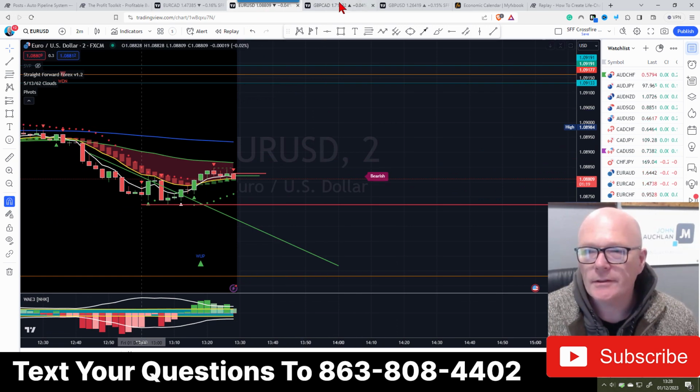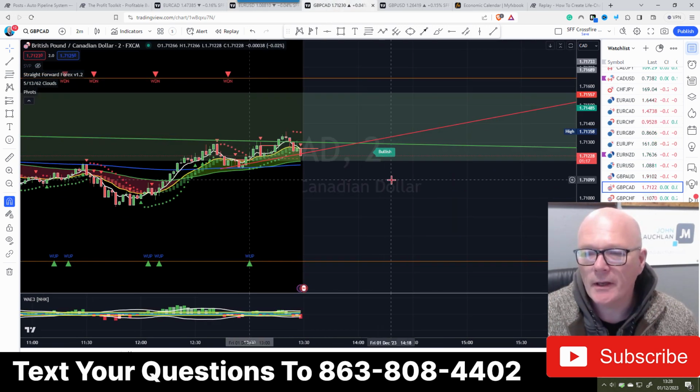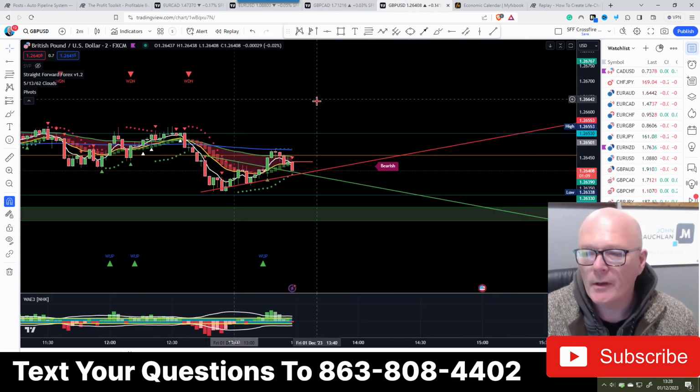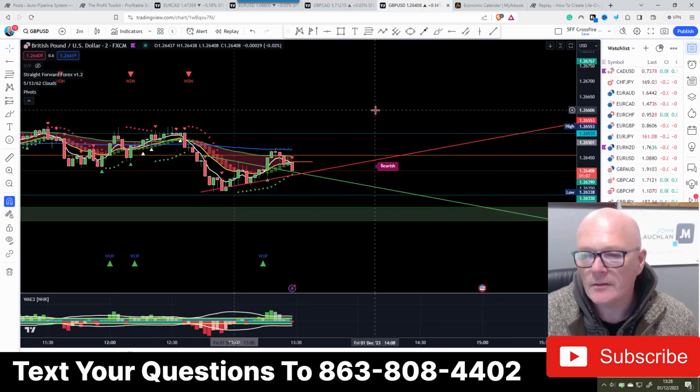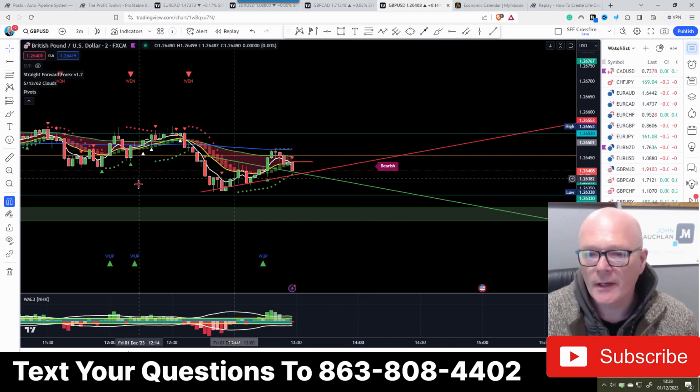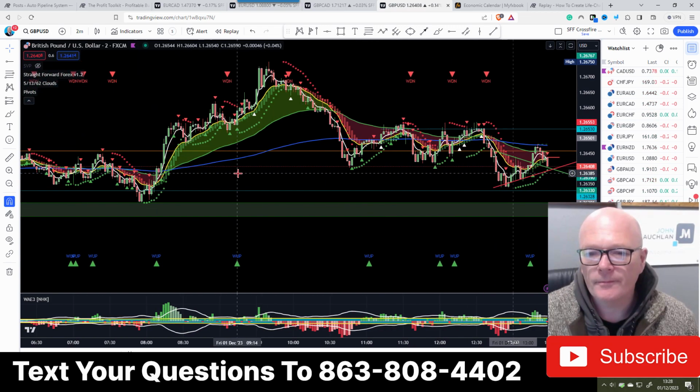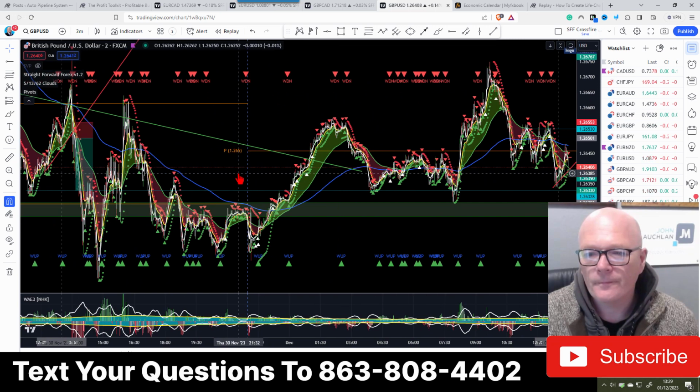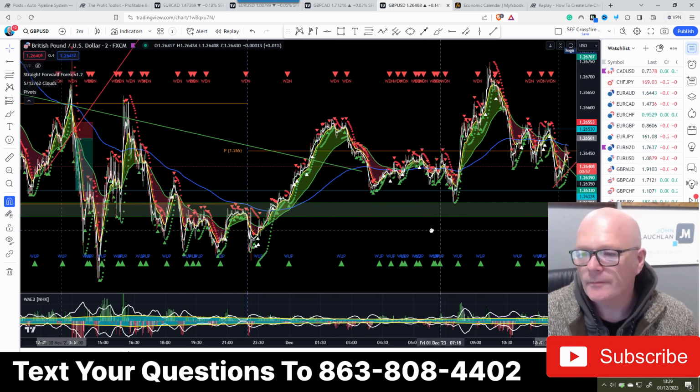Euro USD, same situation. GBP CAD, same situation. Waiting for the price to kick in. We've got 2 minutes left. GBP USD, again, same situation. Nothing really happening. We're at this pivot line here, the P pivot line.